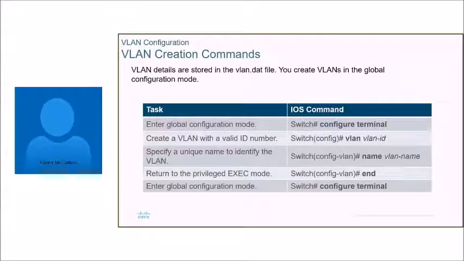Okay, now, how do we create VLANs? You need to be in global config mode to start with, no big surprise there. Then you can just type in the command VLAN and its number. So VLAN 2, VLAN 190, whatever it might be. When you do that, you change into VLAN config mode, and you can give that VLAN a name.